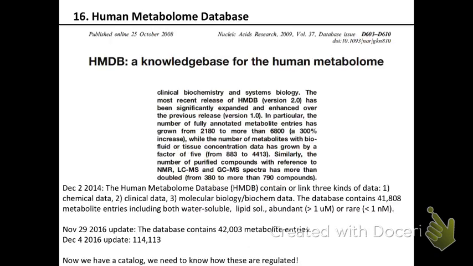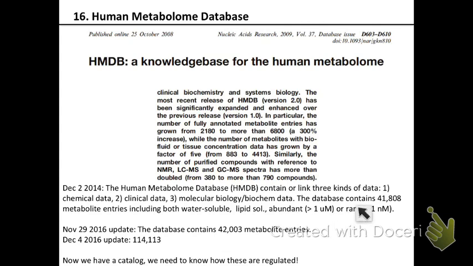All right, so what do we do with this knowledge? The Human Metabolome Database is a database that was created in 2008. It contains three types of data: chemical, clinical, and molecular biology and biochemistry data of about 41,000 metabolite entries, including water-soluble, lipid-soluble, abundant, or rare metabolites in our genome.